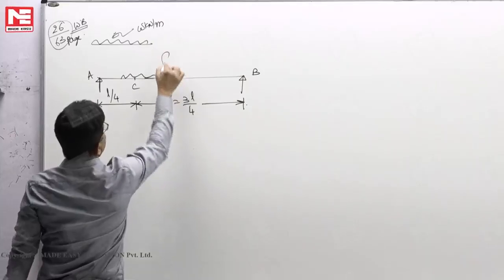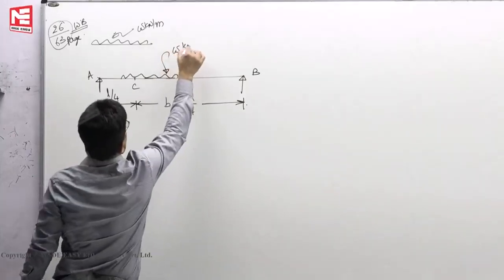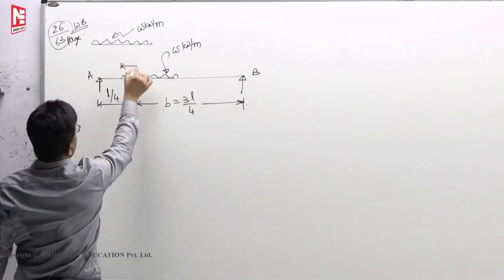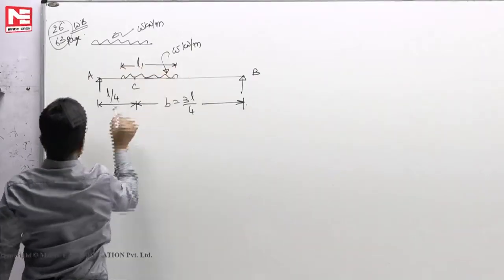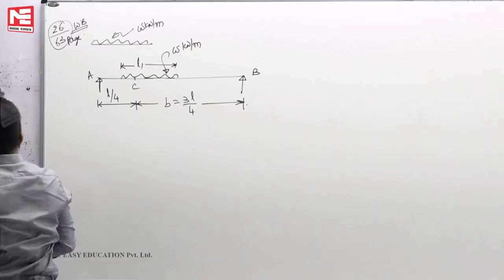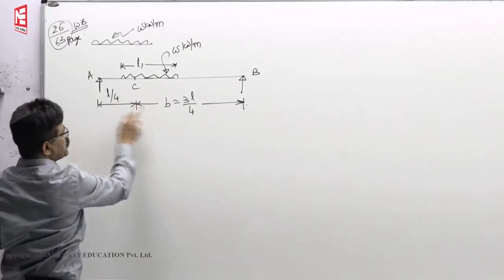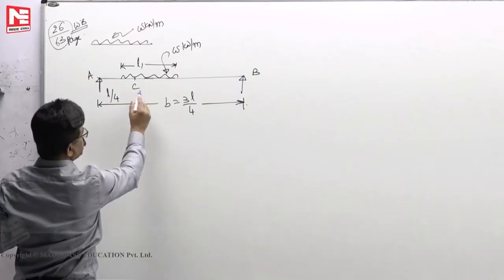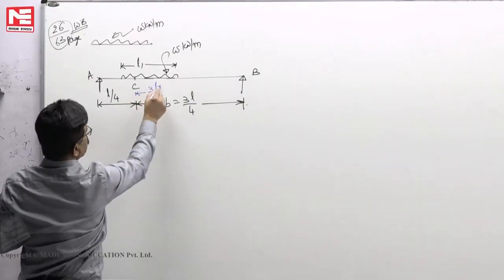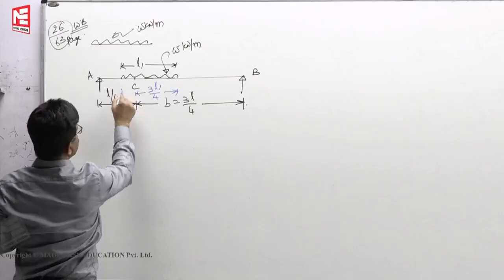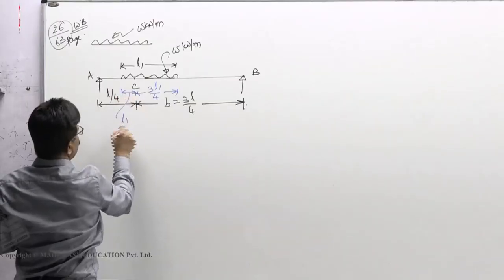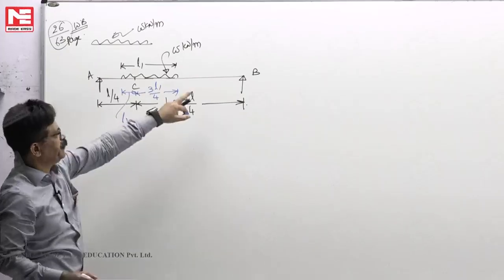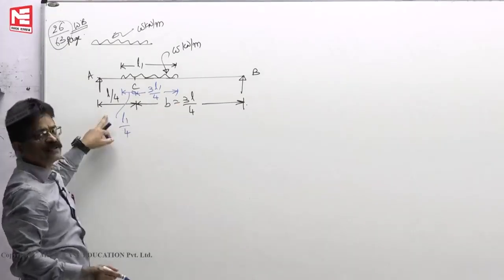Like that it should be there, W kilonewtons per meter. If you take this length, let us say L1, naturally whatever ratio C cuts these two members, these two spans, it should also cut in the same ratio. That means it has to be 3L1 by 4, this must be L1 by 4. So C cuts the span AB in the ratio of 3:1.